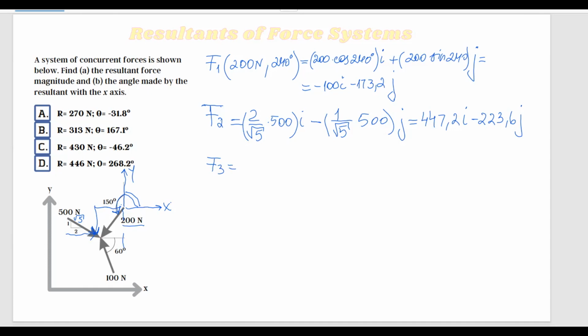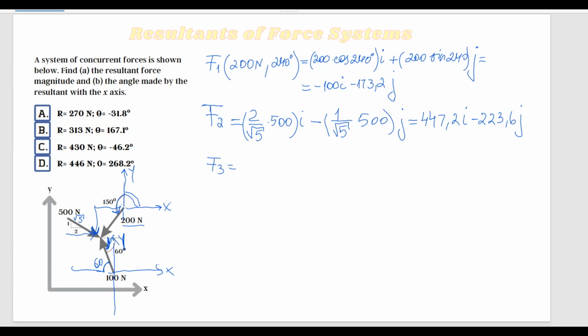And the last force, F3, let's talk about F3. Remember, we have to add the coordinate system here. This is the x-axis, just imaginary like that, and then this is going to be the y-axis. This angle is 60 degrees, which means that this angle is also 60 degrees.